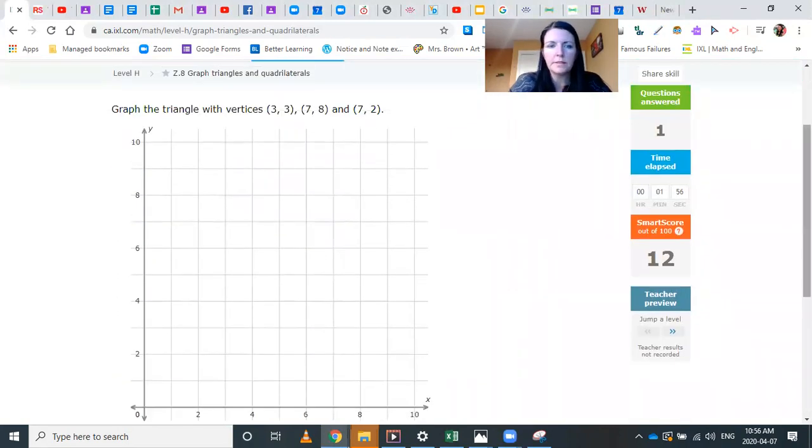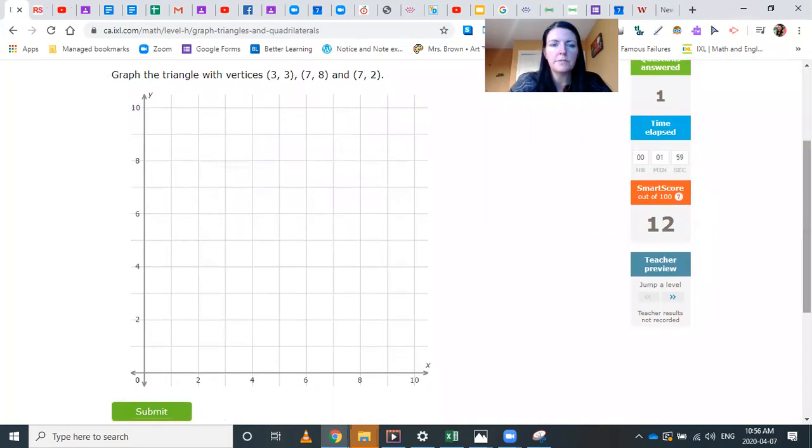Okay, let's do another one. Graph the triangle with vertices. Vertices, remember, are your points, your places where the corners are. Those are the correct terminology, vertices. That's plural. One vertex, many vertices. Okay, so let's start with X is 3 and Y is 3. So let's go up to that point there.